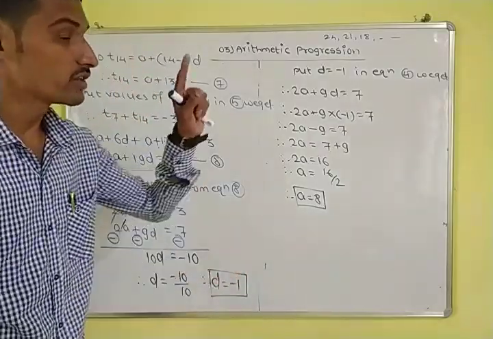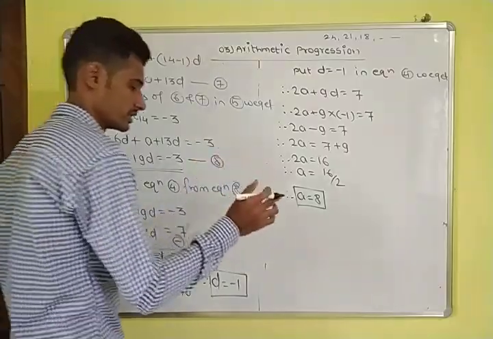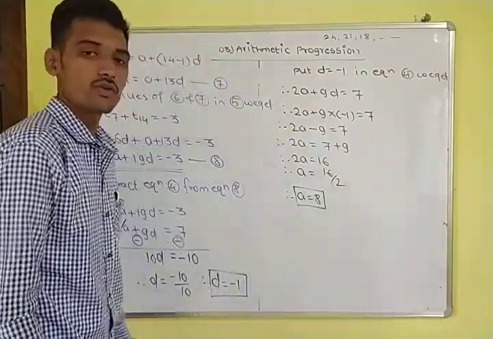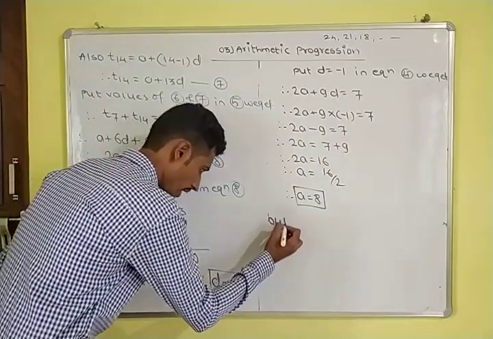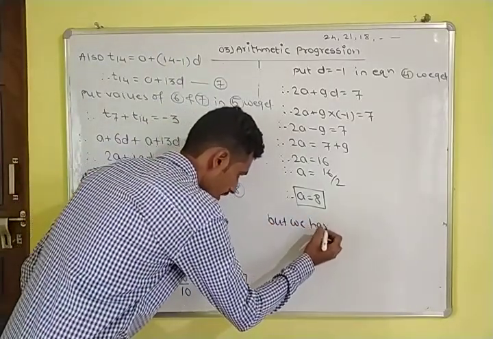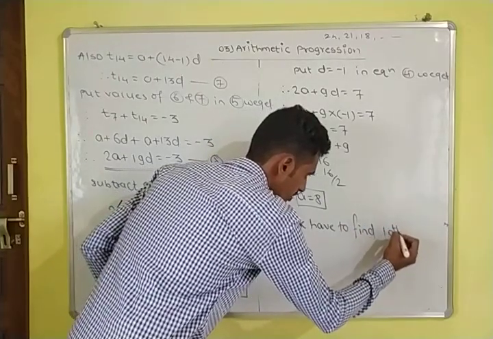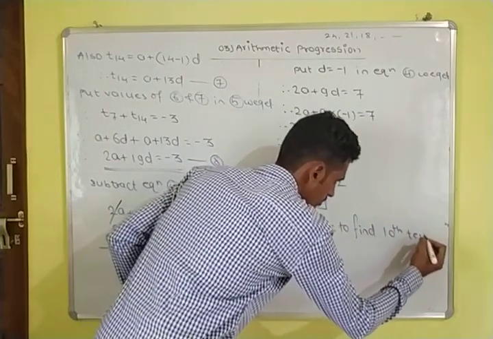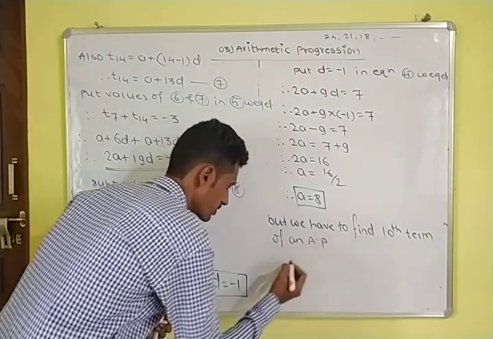In the given question, we have to find the 10th term of an arithmetic progression.